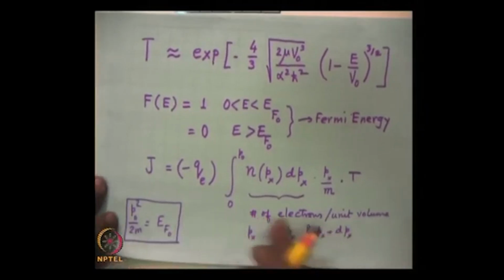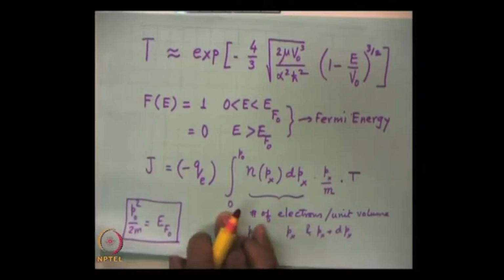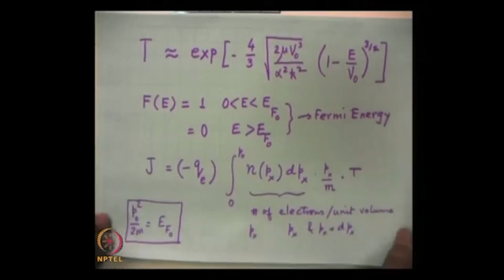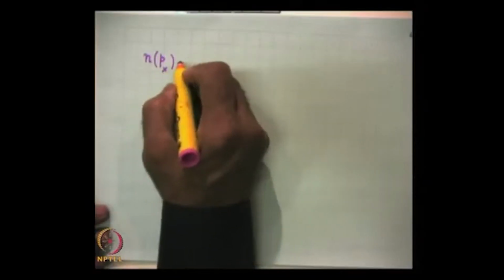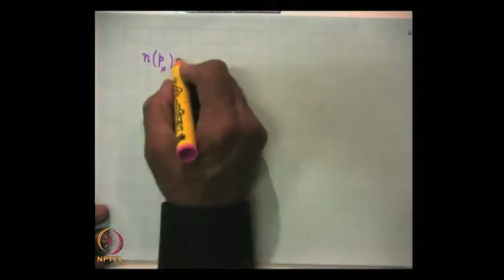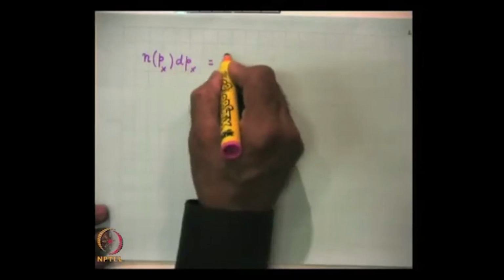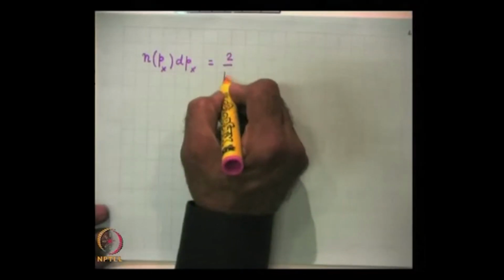Now, we will just outline the method for calculating this integral, because this is not part of quantum mechanics. The number of electrons per unit volume whose x component of the momentum lies between px and px plus dpx, n of px, is equal to 2 by h cubed dpx times the integral dpy dpz.